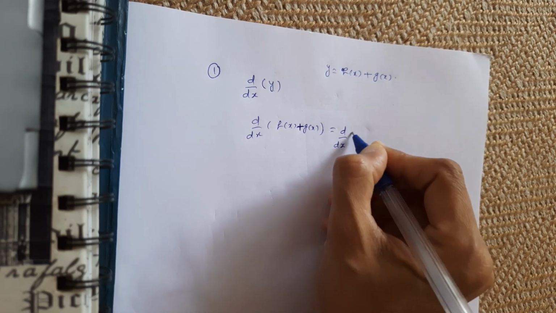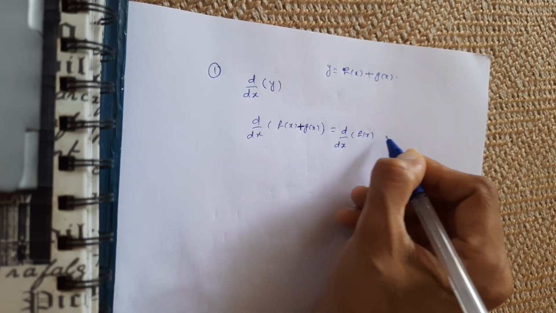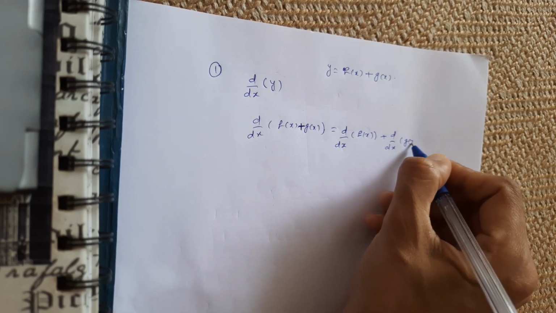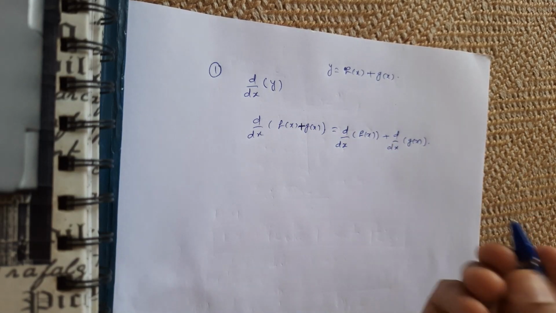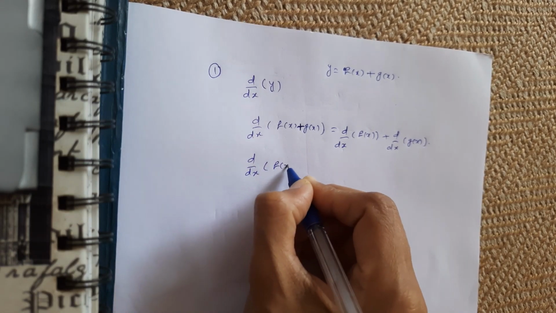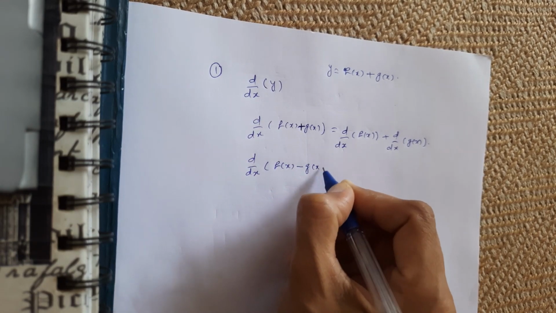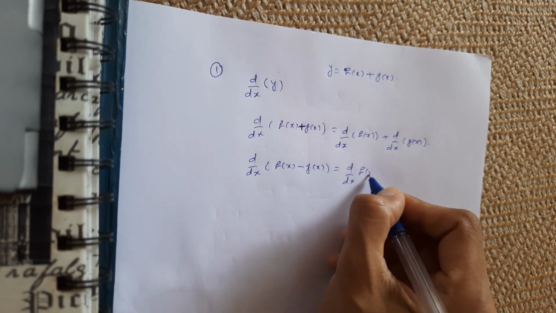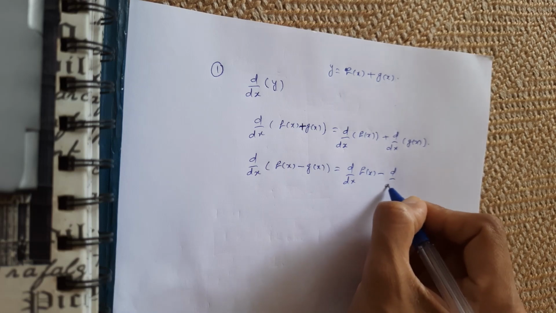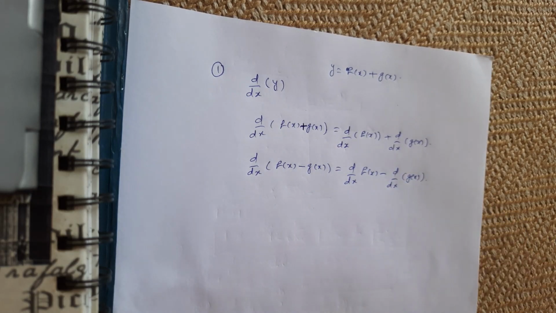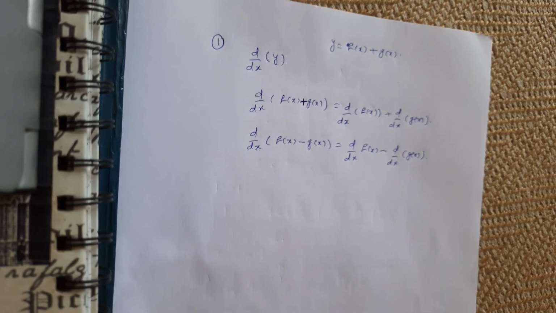Simply apply the derivative to both functions: derivative of f(x) plus derivative of g(x). Similarly, derivative of f(x) minus g(x) is equal to derivative of f(x) minus derivative of g(x). Just remember these two things in your mind.